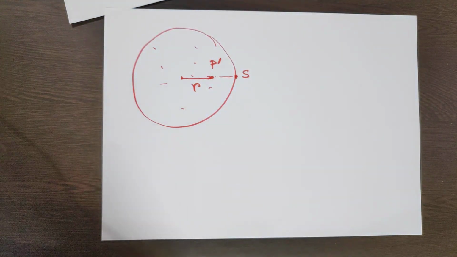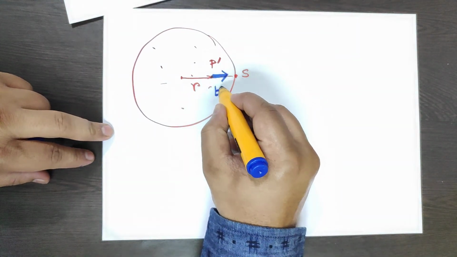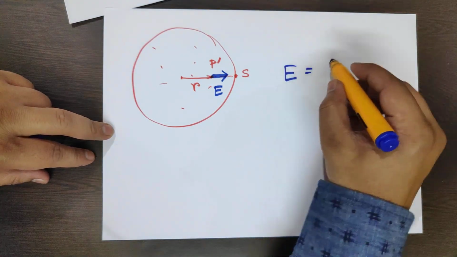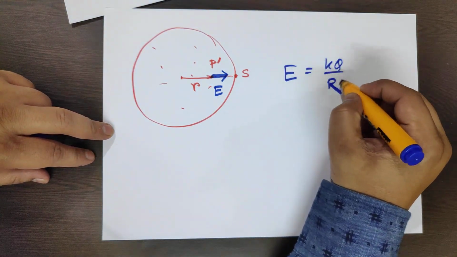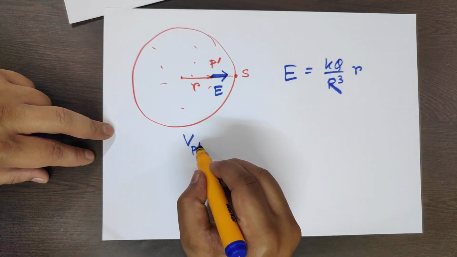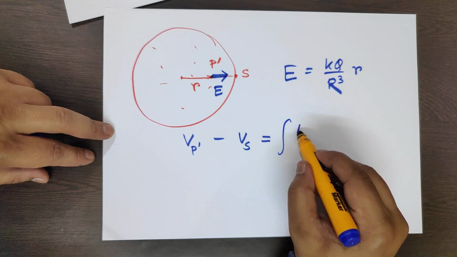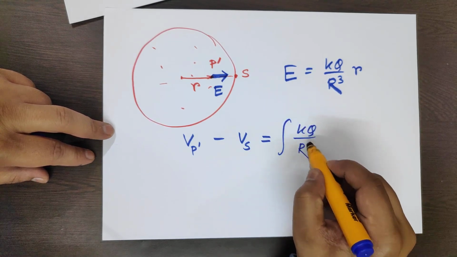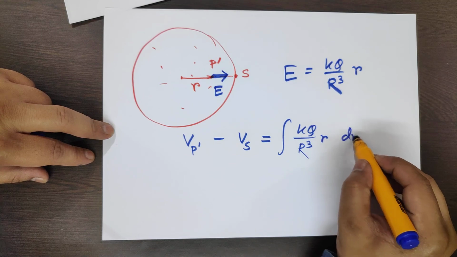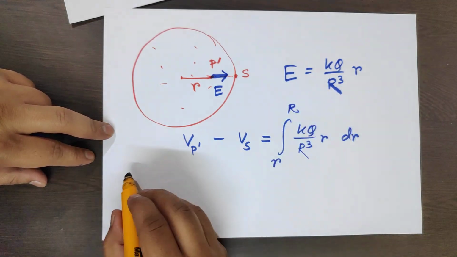Okay, and the field is equal to, formula is kQ by capital R cube multiplied by small r. So Vp dash minus Vs is equal to integration of E dot dr from r to capital R.